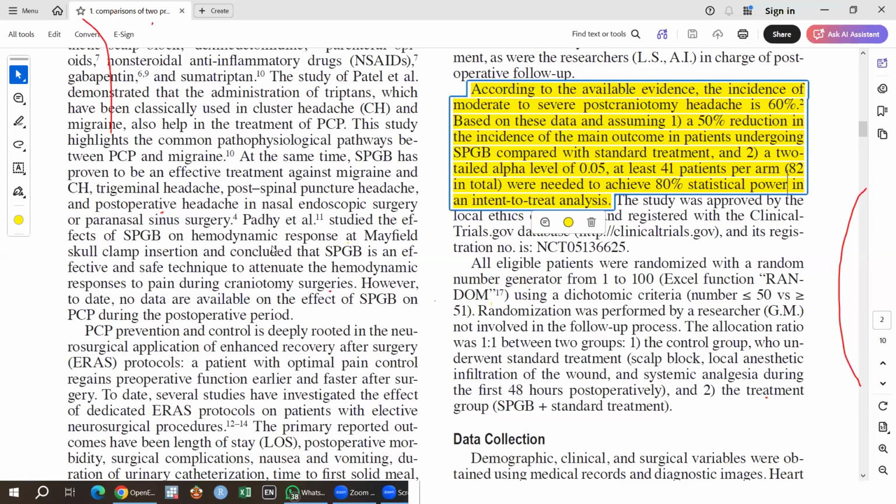Okay, no issue. Proportion type, and the primary outcome is the incidence of headache. Very good, and this is 60%. Yes, this is the SPGB block. It's an intervention.